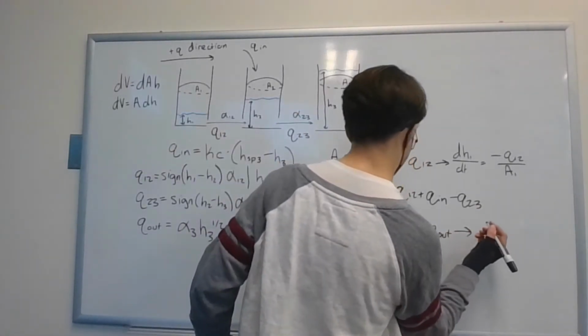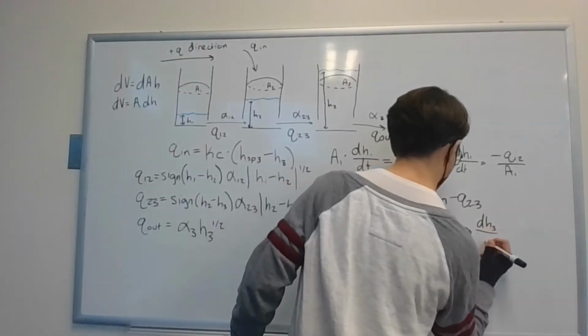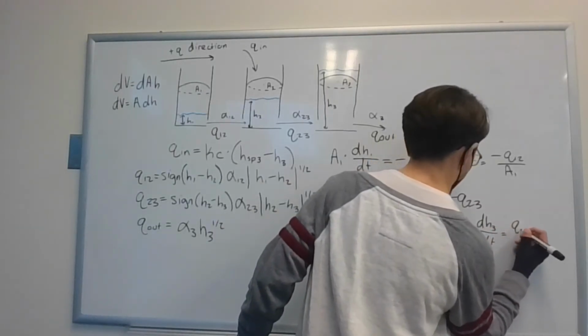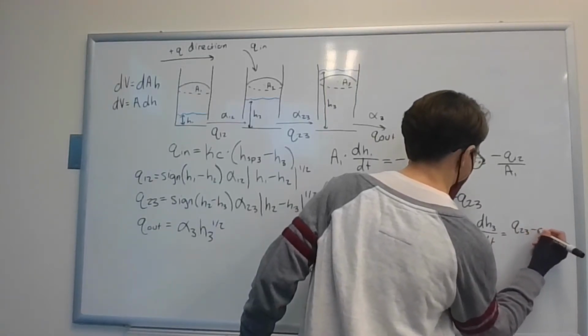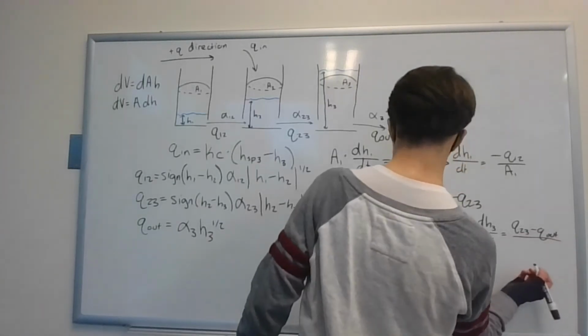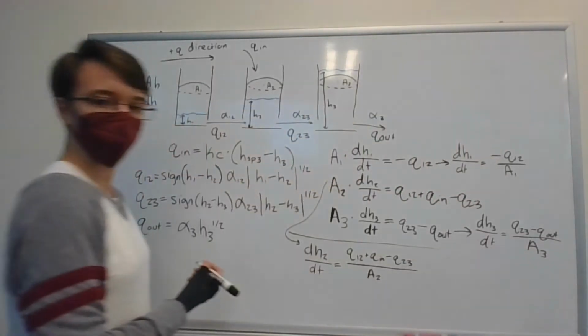We'll have the change in height of tank 3 over the change in time equal to Q23 minus Q out over cross-sectional area of tank 3.